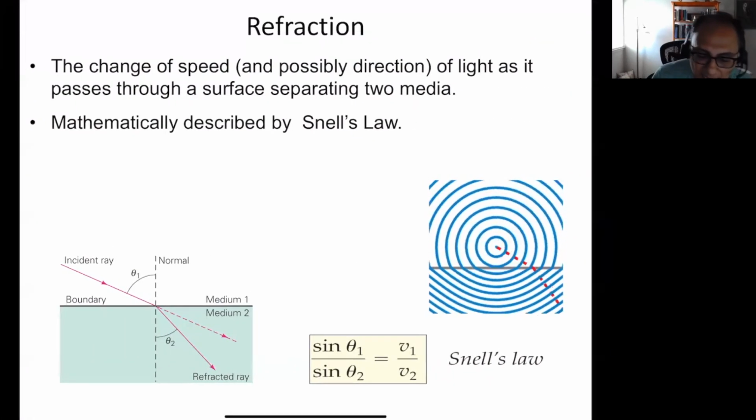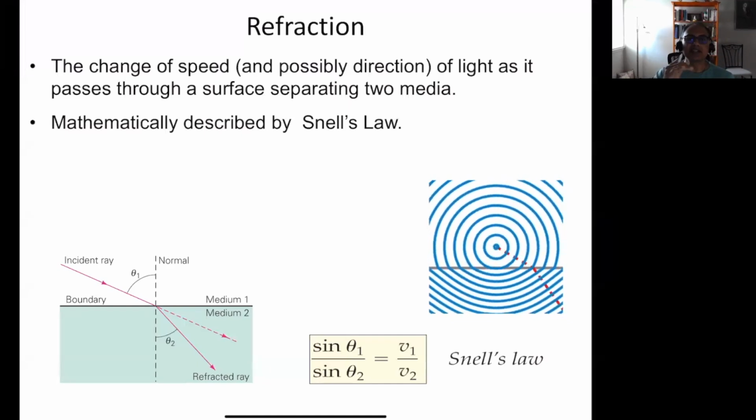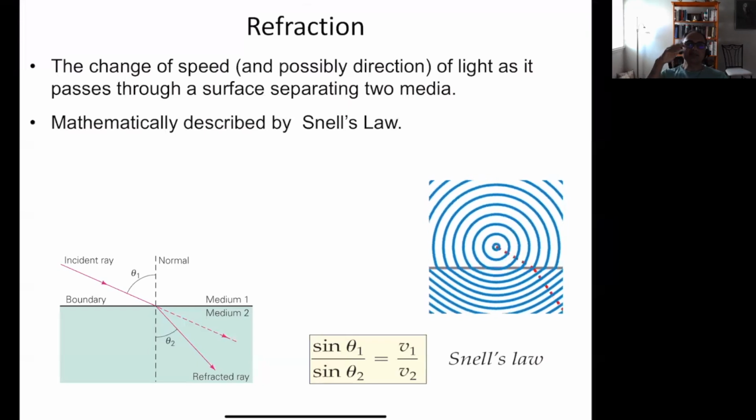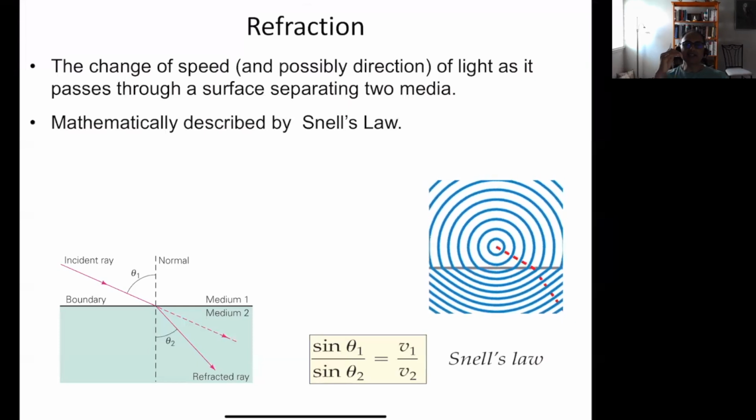Okay, we'll just talk about another property, and that's refraction. When light goes from one medium to another, it undergoes a change of speed. That is because the speed of light is different in different mediums, right? In vacuum, the speed of light is 3 times 10 to the power of 8 meters per second.